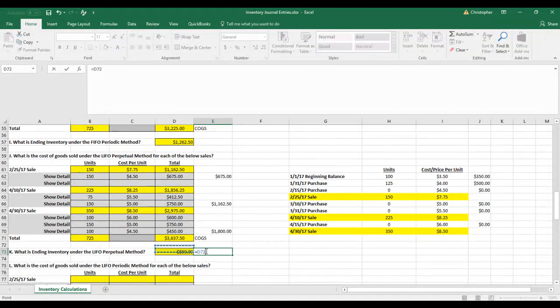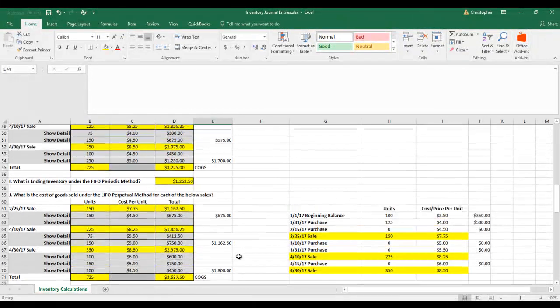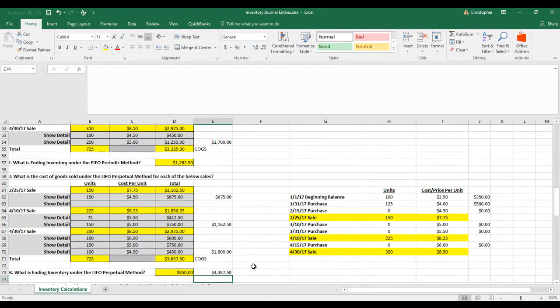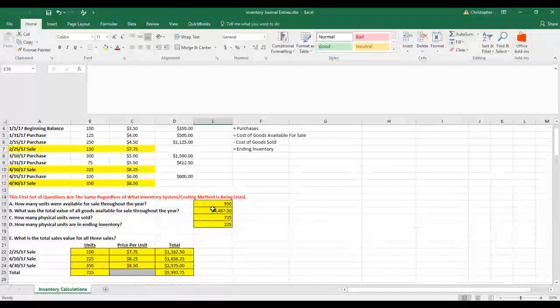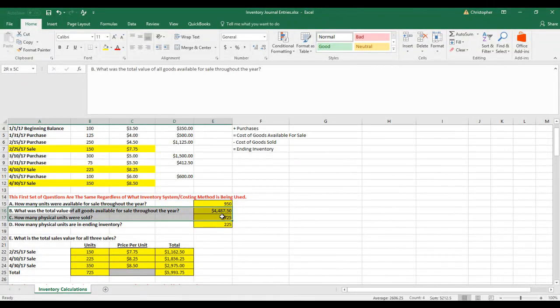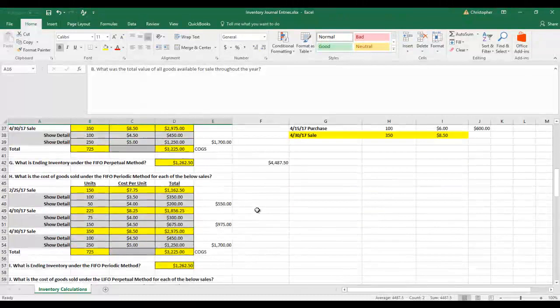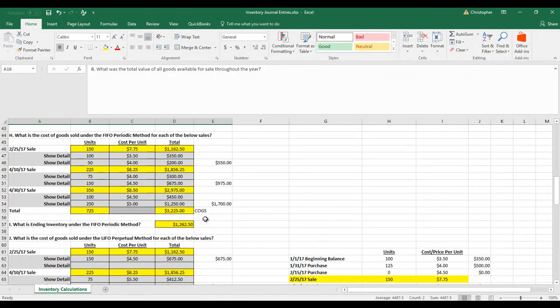So let's go ahead and add up cost of goods sold and the ending inventory. And as you can imagine, we get $4,487.50, which was exactly what our total cost of goods available for sale was. So we're good to go there as well.